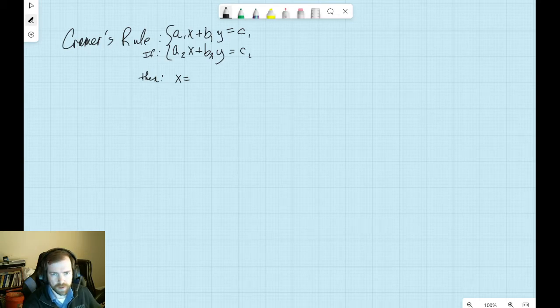x equals the determinant of c1, b1, c2, b2, over the determinant of a1, b1, a2, b2.